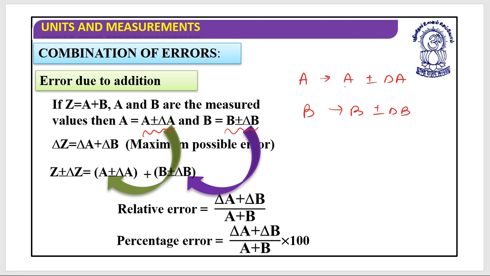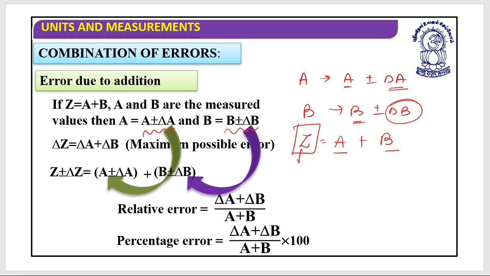First, what is A? It's the true value. What is delta A? It is the error in the measurement of A. What is B? It's the true value of B. What is the error in the measurement of B? It is delta B. Now, if I need to add these, let's say Z equals A plus B, with A containing an error and B containing an error, then Z must also have an error.